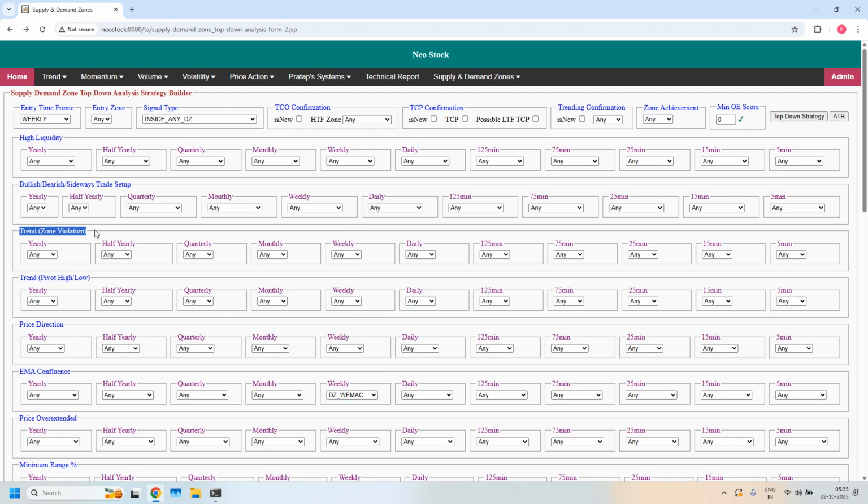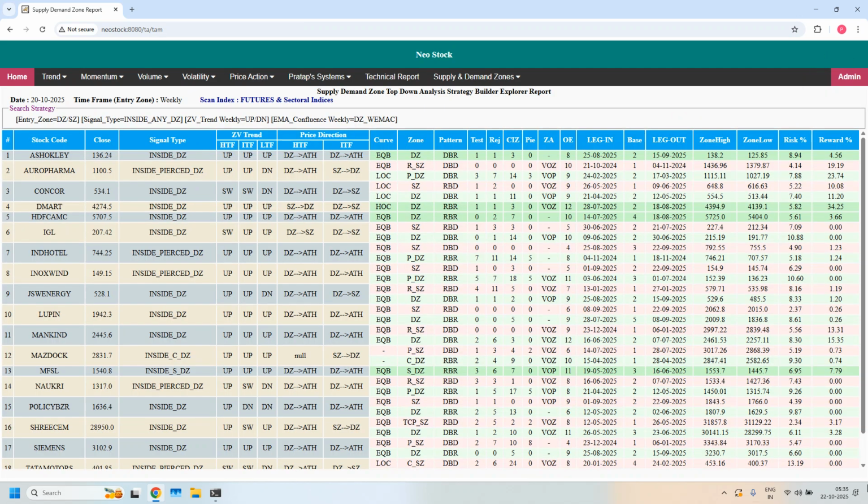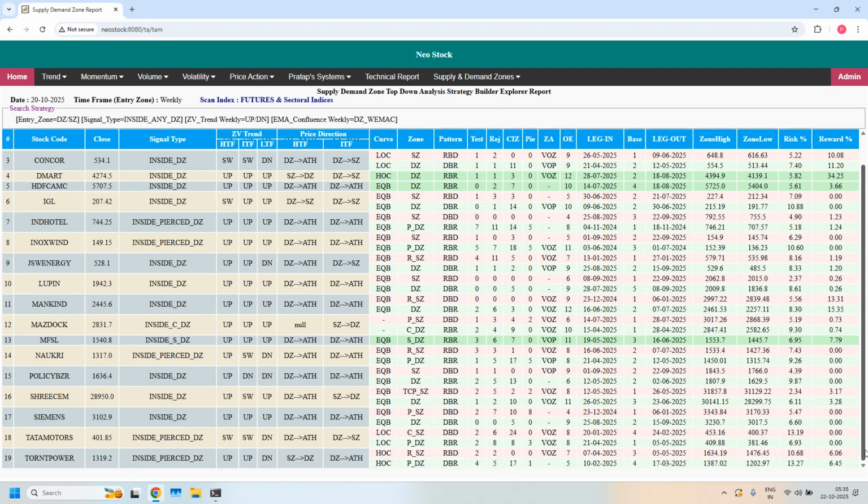And also trend on the weekly should not be sideways. Now the filtered stocks, first 17 stocks in the list. Scrolling the list down, total 19 stocks are filtered.